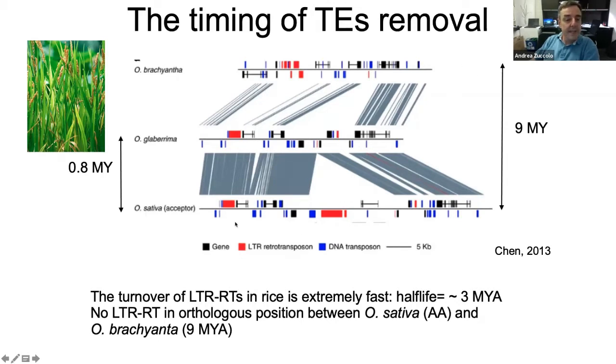What we can see is that most of the genes are actually retained in the orthologous position as expected, but when it comes to TEs, very few are, some of them are retained between sativa and glaberrima that are close enough. No one of them is retained in the same position between sativa and brachyantha. They have already been removed. And indeed, the half-life of TEs in rice is around 3 million years, but we will come back to this later.